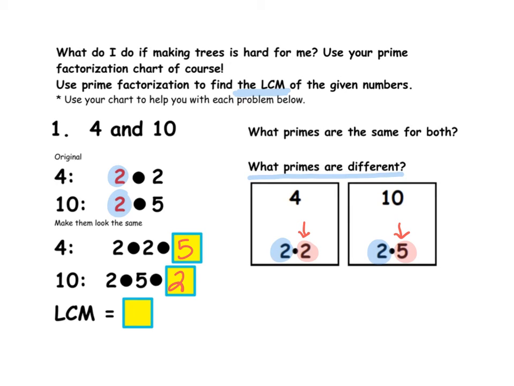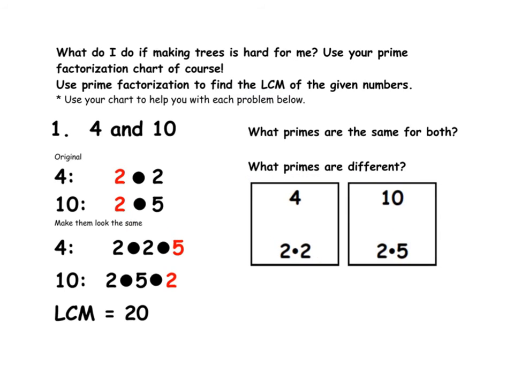Believe it or not, this gives me the LCM. It gives me the building blocks for those two numbers. Now I just have to multiply to find it. 2 times 2 is 4, times 5 is 20. And so the LCM of 4 and 10 is 20.